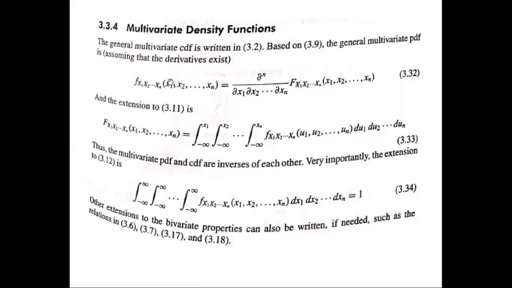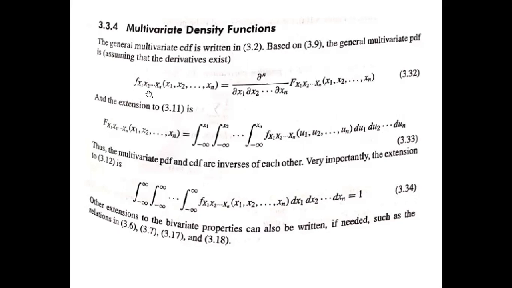If we take the multivariate case, then the PDF of many variables will be equal to the nth derivative of the CDF, that is, a partial derivative for each of the different variables corresponding to the CDF.